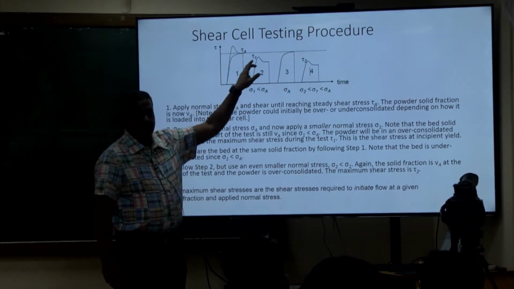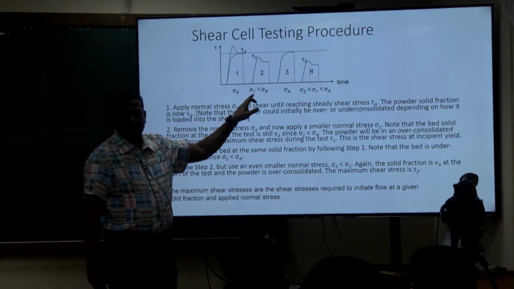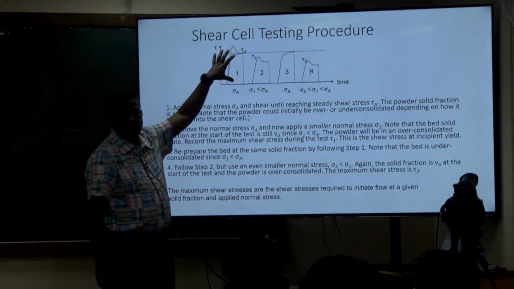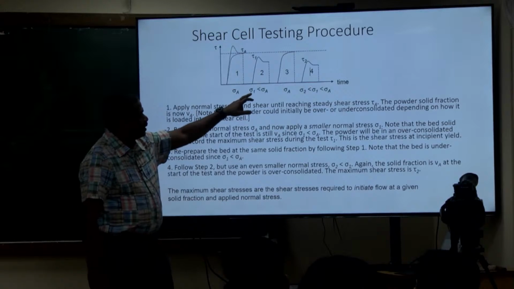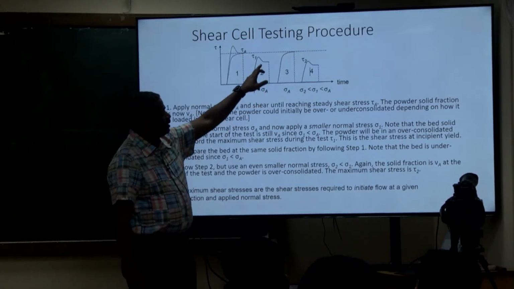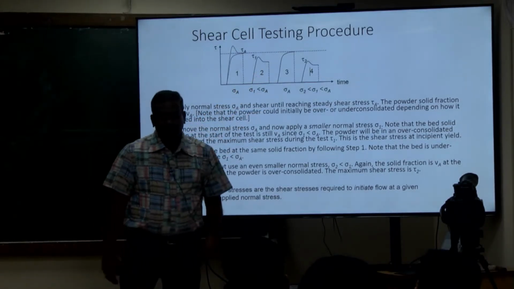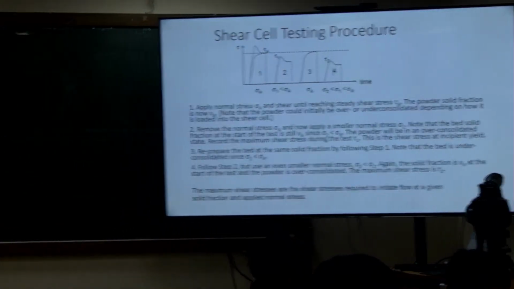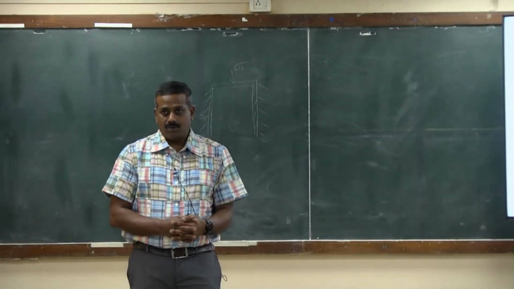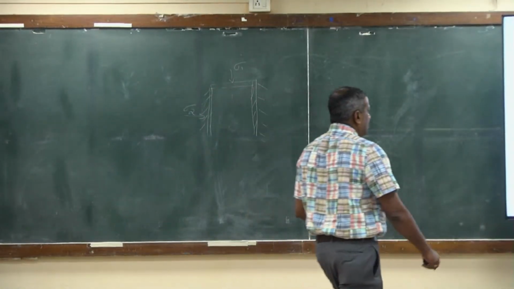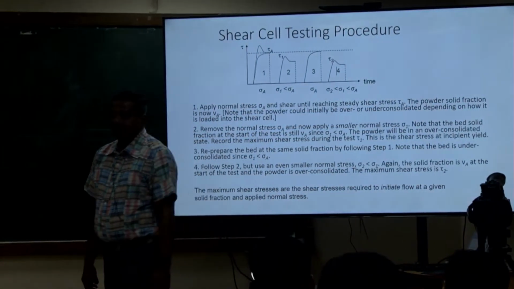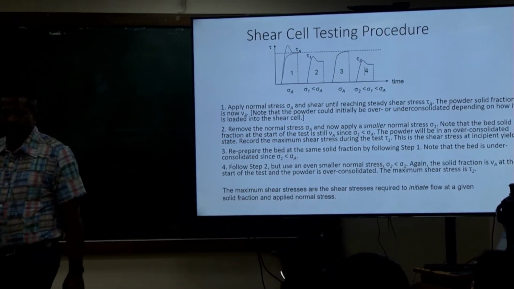You apply a normal stress, sigma 1, which is a little lesser than the pre-shear load. When you apply that normal stress, at one point the powder starts flowing or moving. That's the shear stress needed to make the powder flow. You keep repeating that test by going to smaller normal stresses.